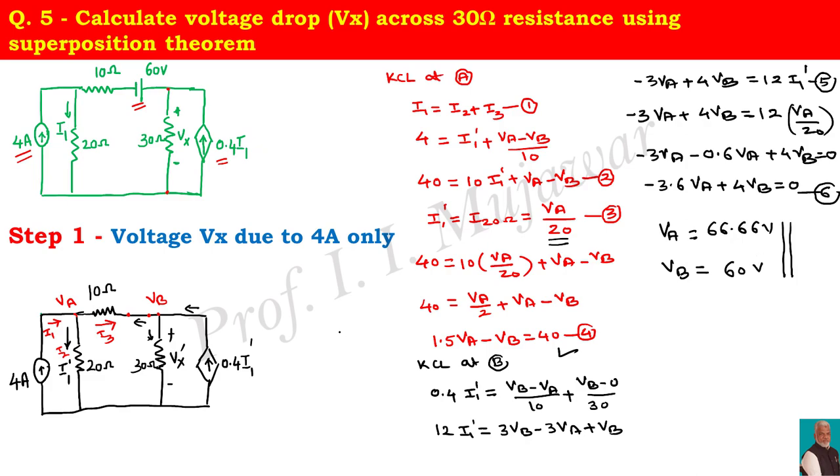That means, now if we look here, the question is to find out voltage drop across 30 ohm. Now that voltage is with respect to ground. So that voltage Vx, the notation we have used as Vx dash, when 4 ampere source is acting alone, is nothing but VB, that is equal to 60 volt. Let this be equation number 2.